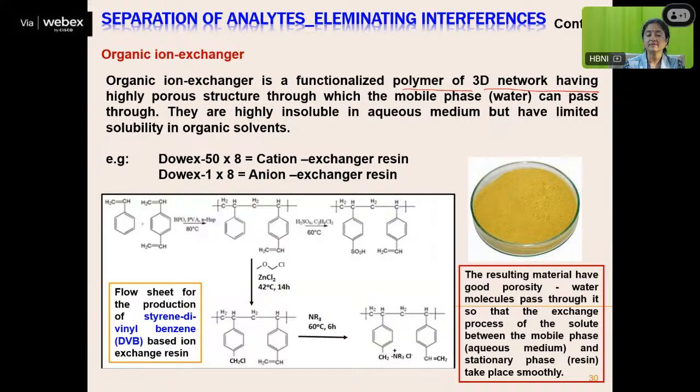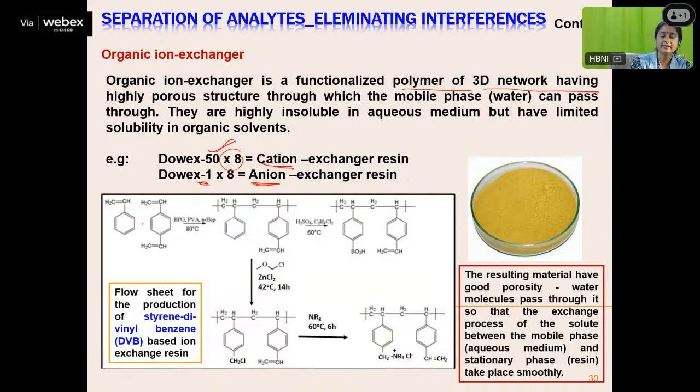Some commercially available ion exchangers, the trade names are DOWEX 50x8 and DOWEX 1x8. DOWEX 50 suggests that it is a cation exchanger, and DOWEX 1 means it is an anion exchanger. And what does this x8 mean? We'll see ahead.